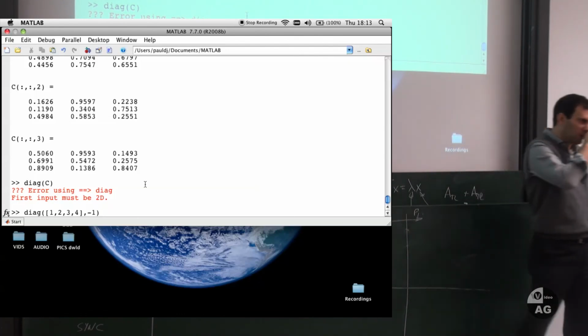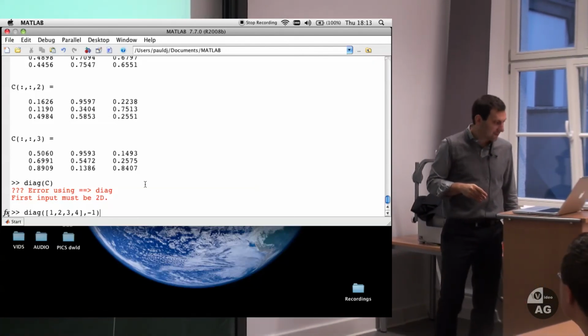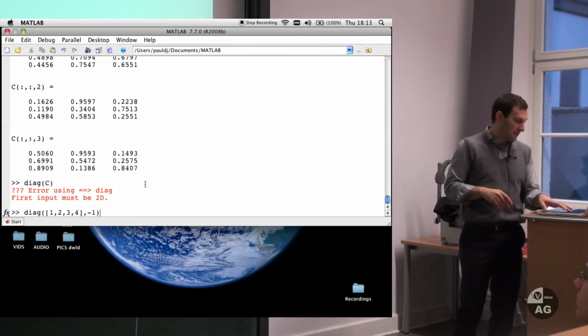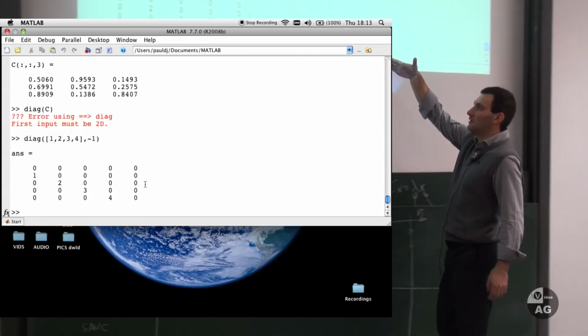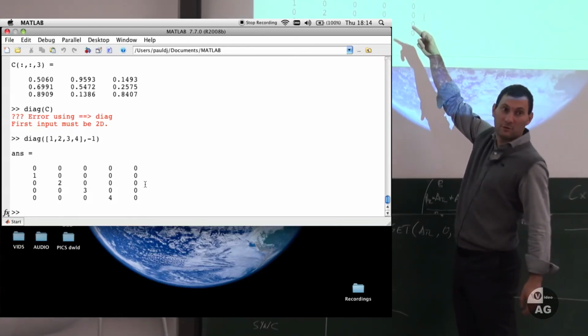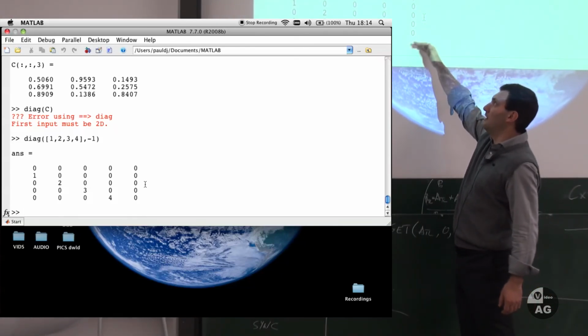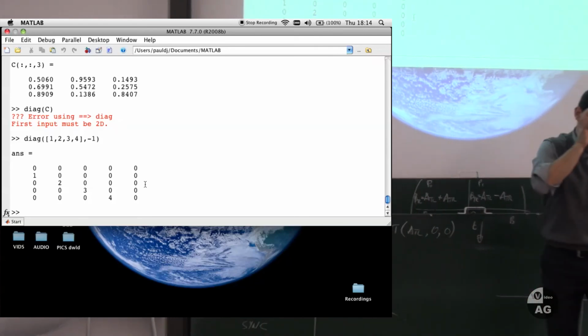Oh, no, not quite. Minus 1 of the diagonal entries? Nope. But these are good suggestions. Okay, what it does, it puts 1, 2, 3 in the sub-diagonal. Sub because it's -1. Had I put a 1, it would be on the super diagonal.